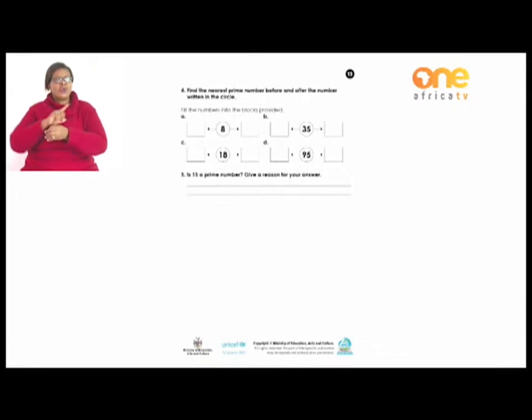Why? Because 9 is not a prime number. The factors of 9 are 1, 3, and 9. So it's not that we are looking for odd numbers here. We are looking for prime numbers. So just be vigilant on that one.